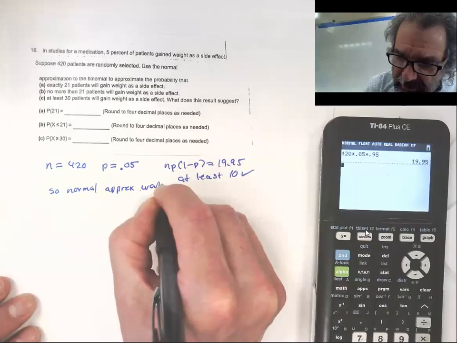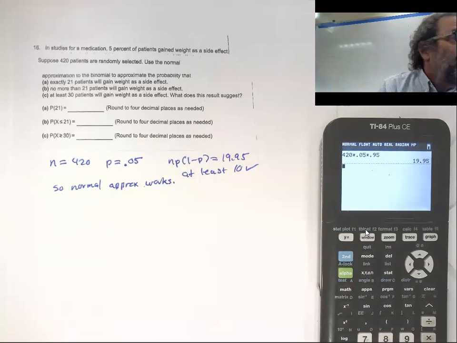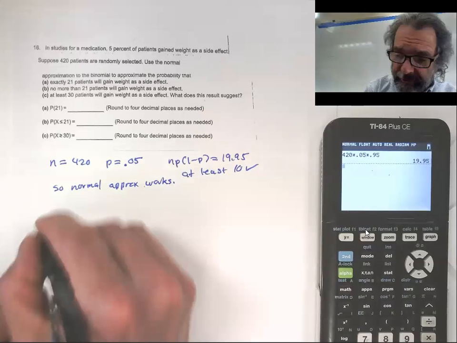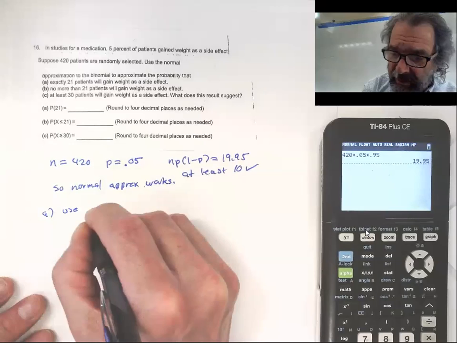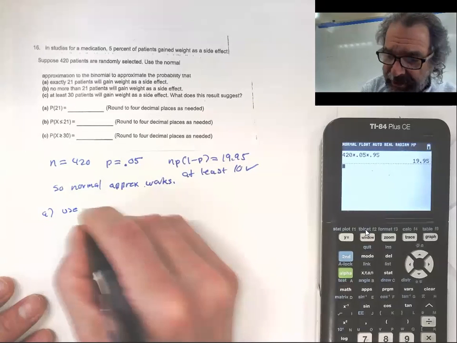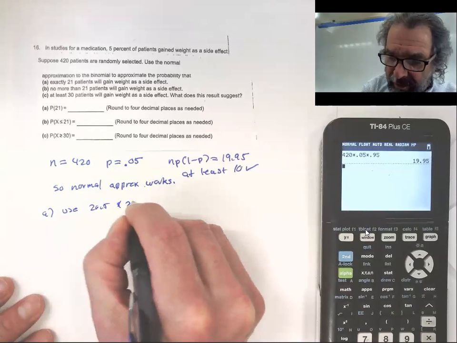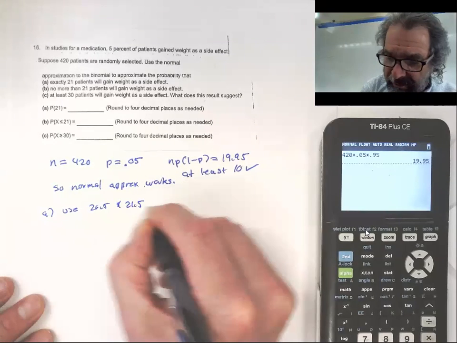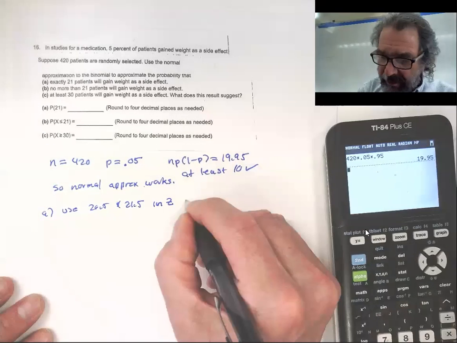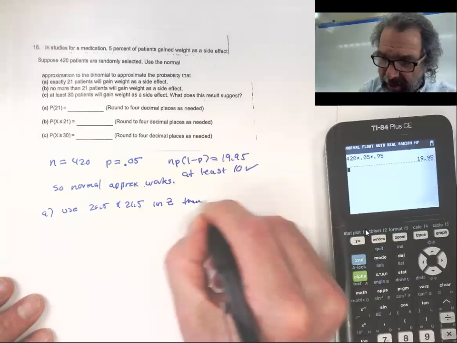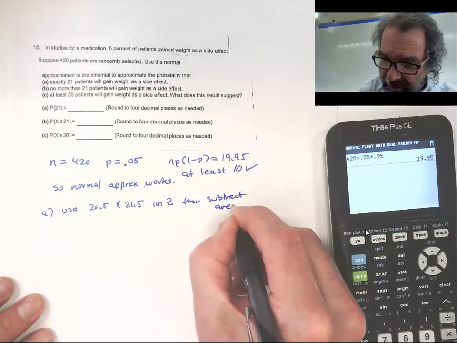Okay. And then we're going to do exactly 21. We're going to use, well, 21 plus or minus a half from 21. So 20.5, 21.5 in a Z formula. And then we subtract the areas. So I know how to do it.